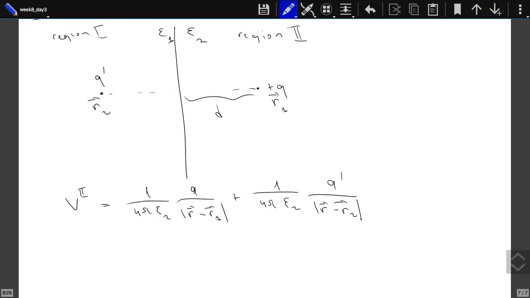So I have two charges, one at R1, the other one at R2. I have a uniform medium. Everywhere has this dielectric constant epsilon 2, so this will be my potential. Well, this is my ansatz, let's say.